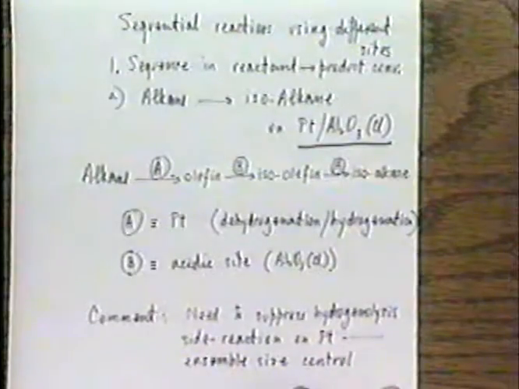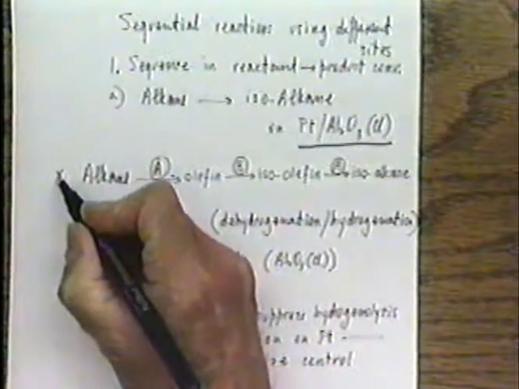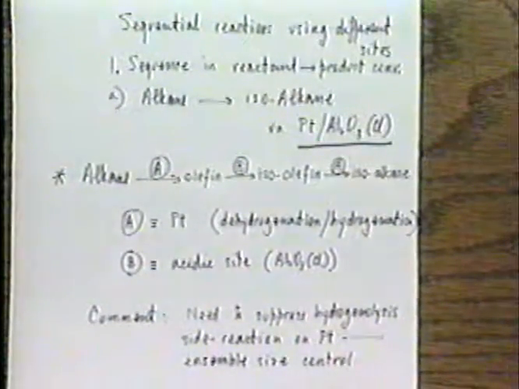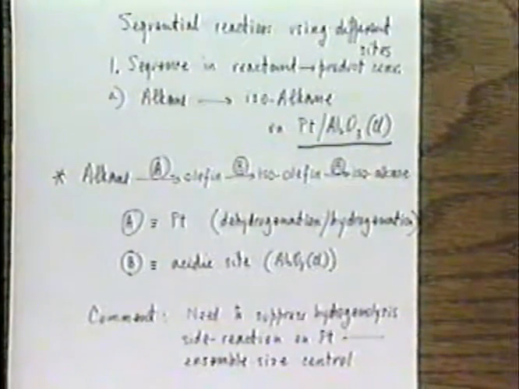However, you have two functions, the metallic platinum function and the acidic function on the alumina. And the isomerization of the alkane then occurs by a sequence which is shown here, in which the steps are that the alkane is dehydrogenated to an olefin over the platinum function.